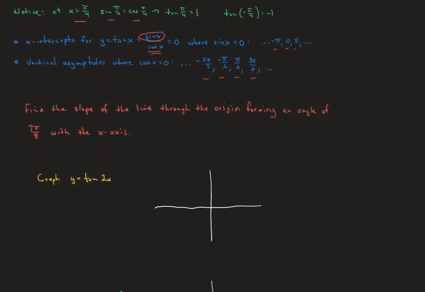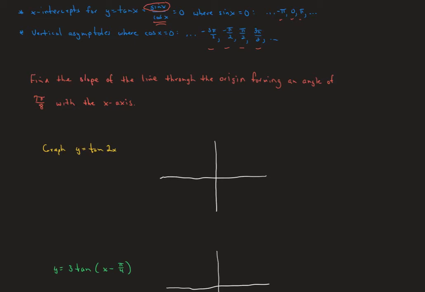So the idea is the slope of a line through the origin forming an angle of 7 pi over 8 with the x-axis. It doesn't really matter where the line is. What matters is the angle that it forms. 7 pi over 8 is almost pi.